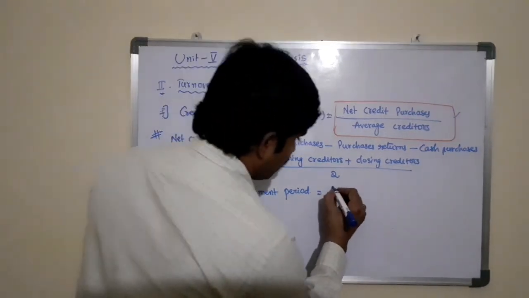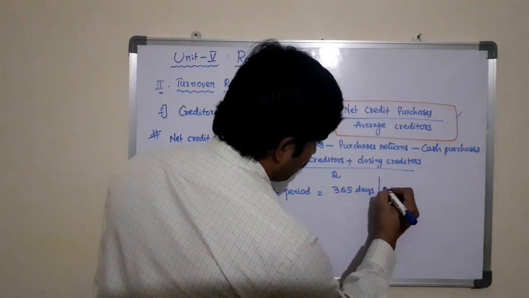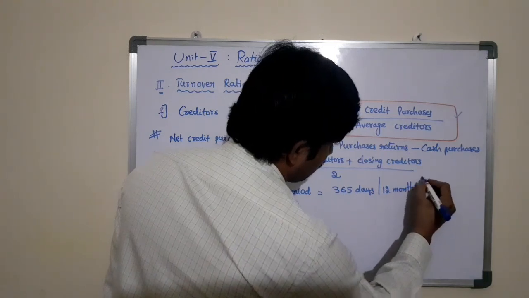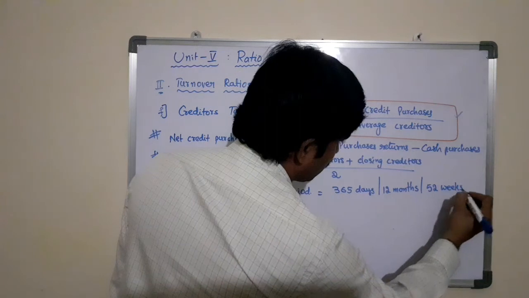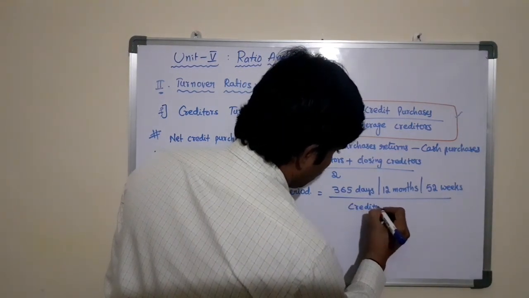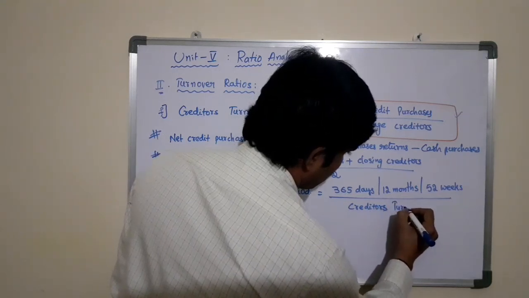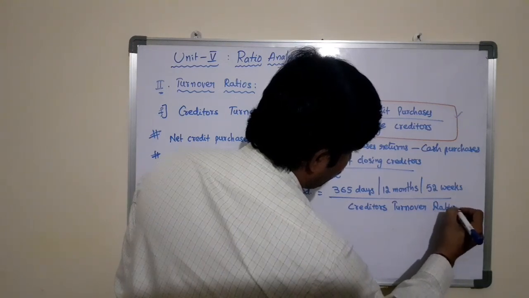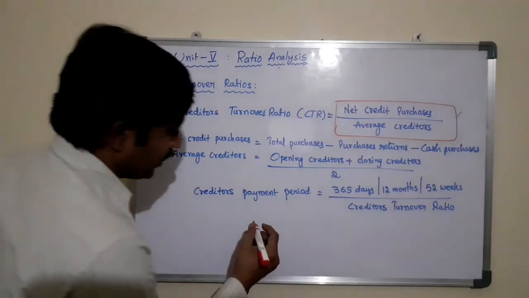That equals, if they want to know in terms of days, 365 days, or in terms of months, 12 months, or in terms of weeks, 52 weeks, divided by the creditors turnover ratio. This is the formula used to calculate the creditors payment period.